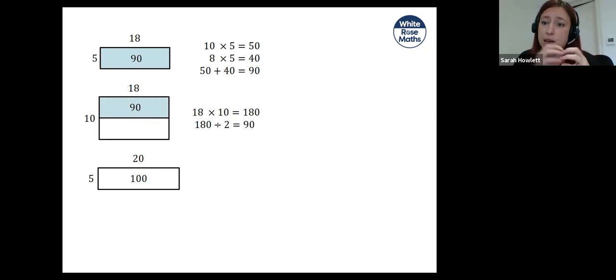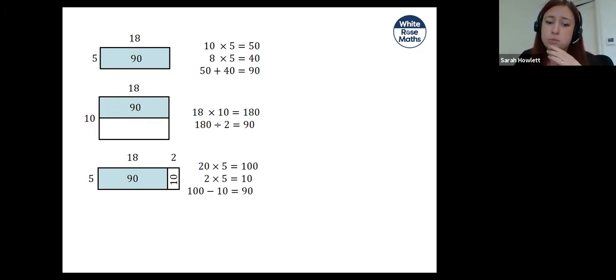Some people increased it by 2 lots of 5, so went to the nearest multiple of 10, thinking about 20 times 5, and then subtracting the 10 there. So using those known facts, 20 times 5, and then subtract 10. Some people might have partitioned 18 into, again, known facts of 9 times 5 and 9 times 5.